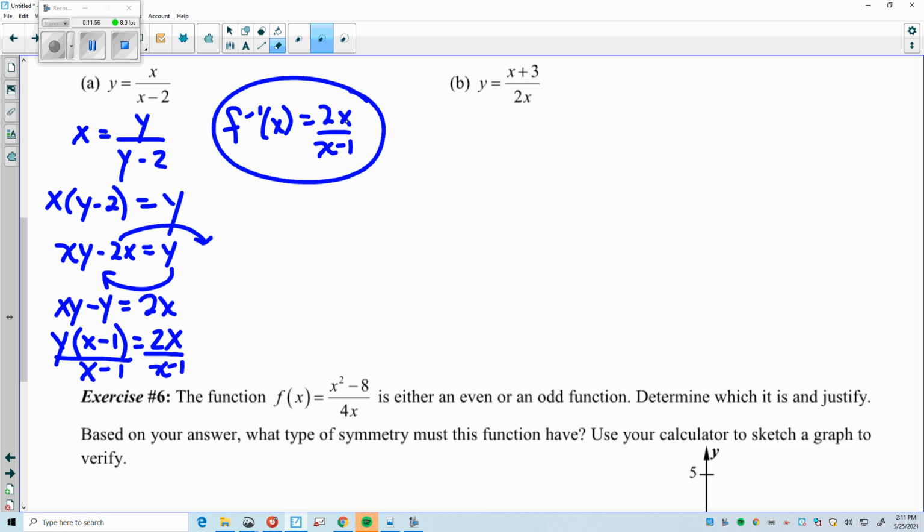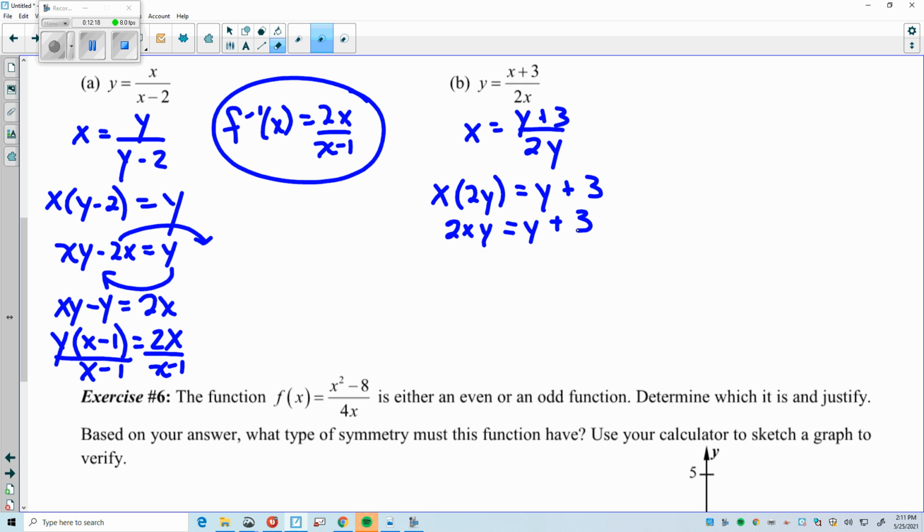Okay, we'll try letter B. Switch the x and y. We want to solve for y, get y by itself. That first step, we got to think cross multiply. So really, this is just the same thing as 2xy. And I want to get the y's all on one side. So that means this guy's got to come over here.